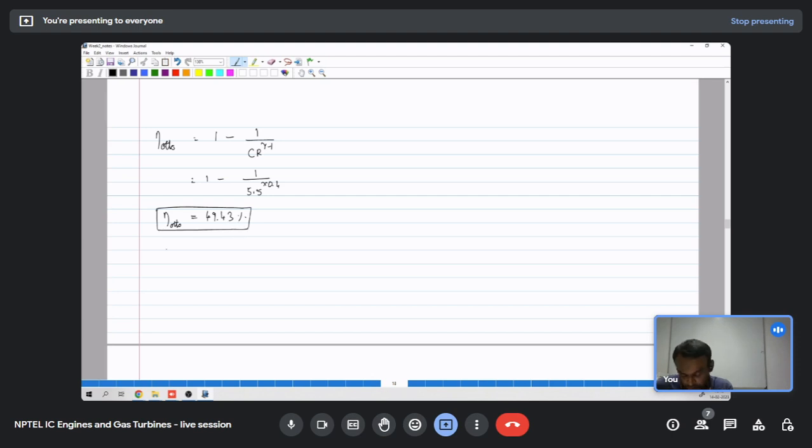Now we need to calculate mean effective pressure, which is work done per cycle by displacement volume.